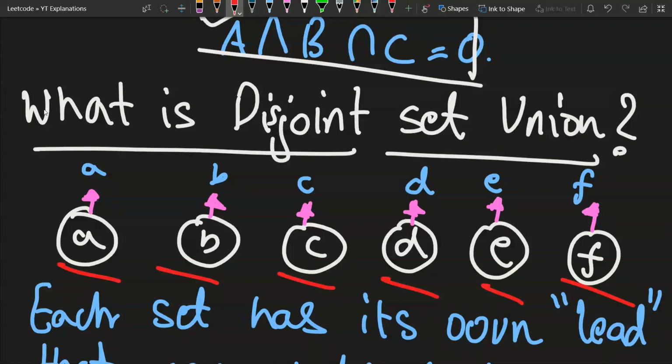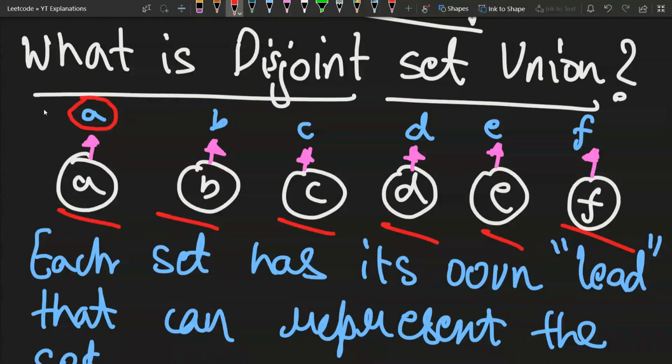If you know what connected components are, the leader of the set is basically the leader of all the connected components of that set. So that's what a leader is.